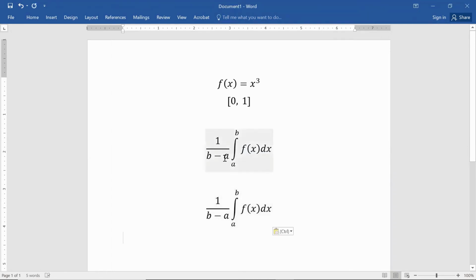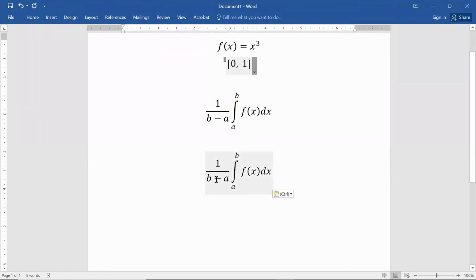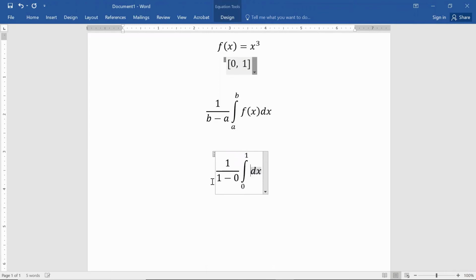In my case, because we're on the interval from 0 to 1, the b becomes 1 and the a becomes 0. The f of x is the function, well, f of x is equal to x to the third power.